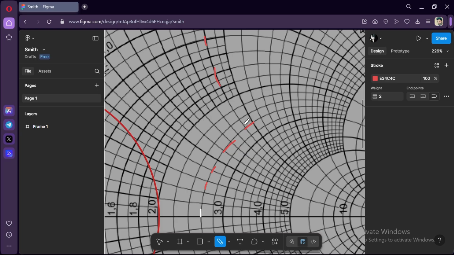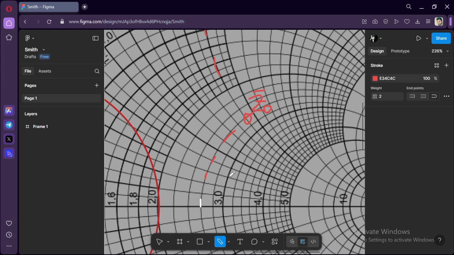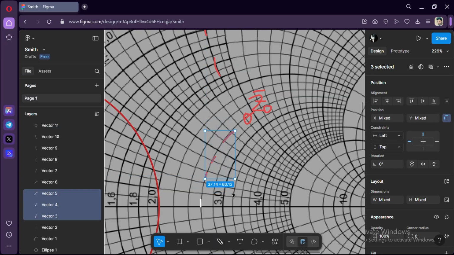So the intersection point is here. So this is our Z out normalized value. Okay, normalized point here, the intersection. So first of all, I will delete this.